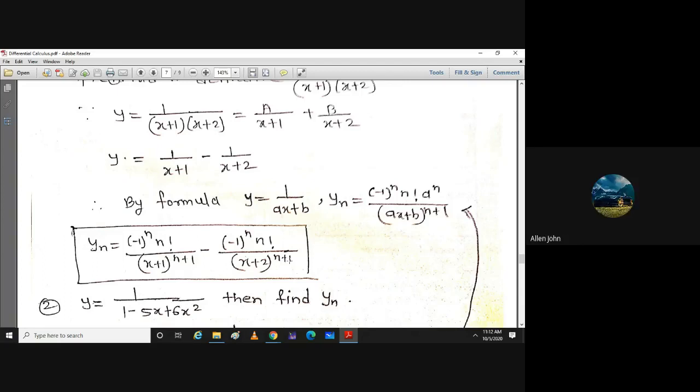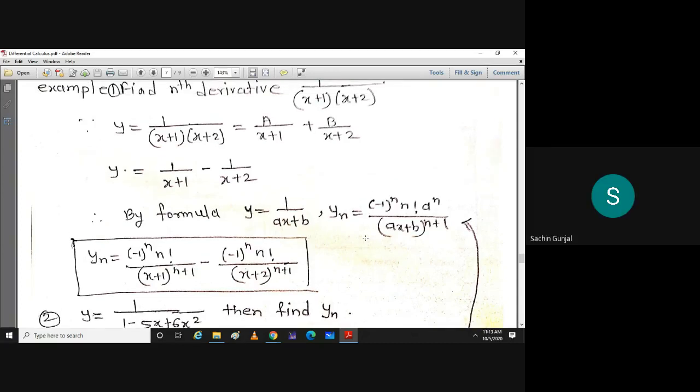Sir, I didn't get how to find a and b by the formula for 1 upon ax plus b. We have derived this. Okay, let me go back again.